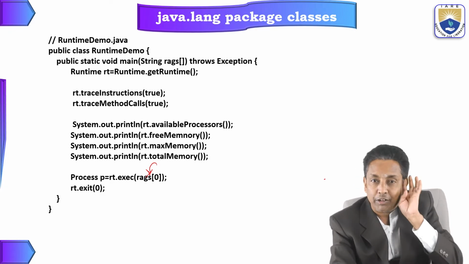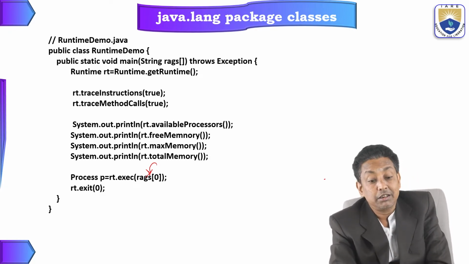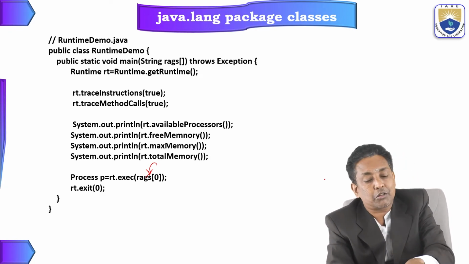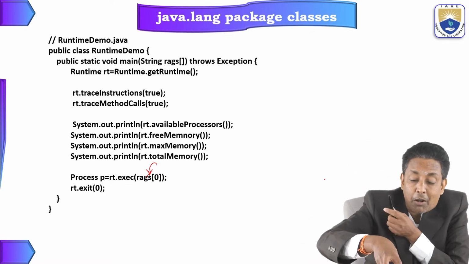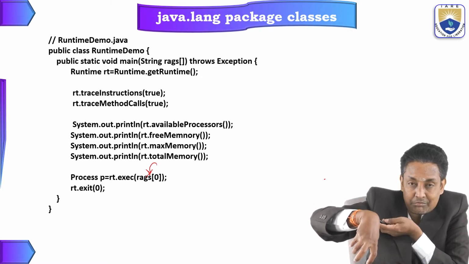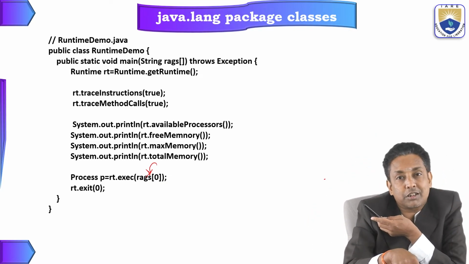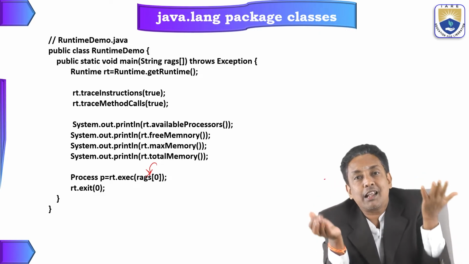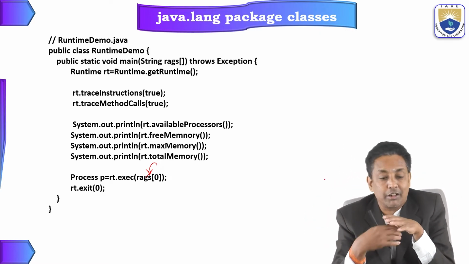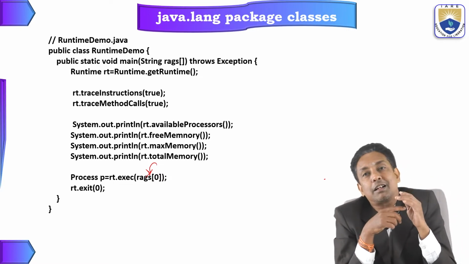But if your command is wrong, because you are executing the command through the runtime.exec function, the output may be raised in the runtime and may come into the Process object, but that cannot be shown on the screen because you are not directly executing the command on the command prompt. You are executing the command through runtime.exec.